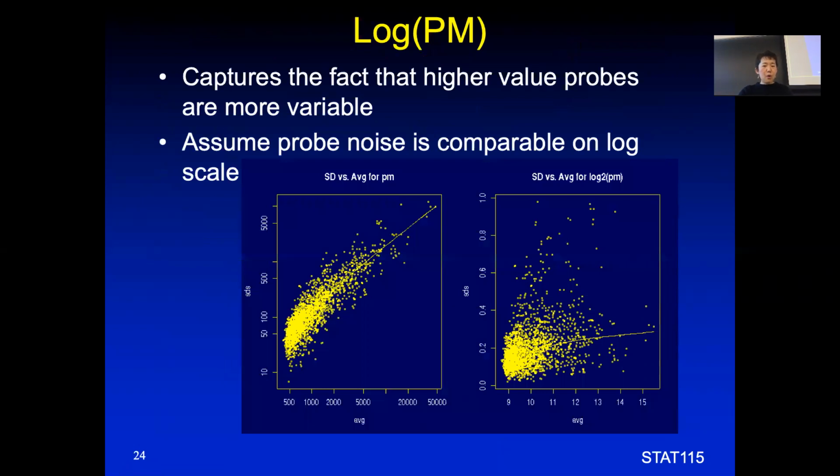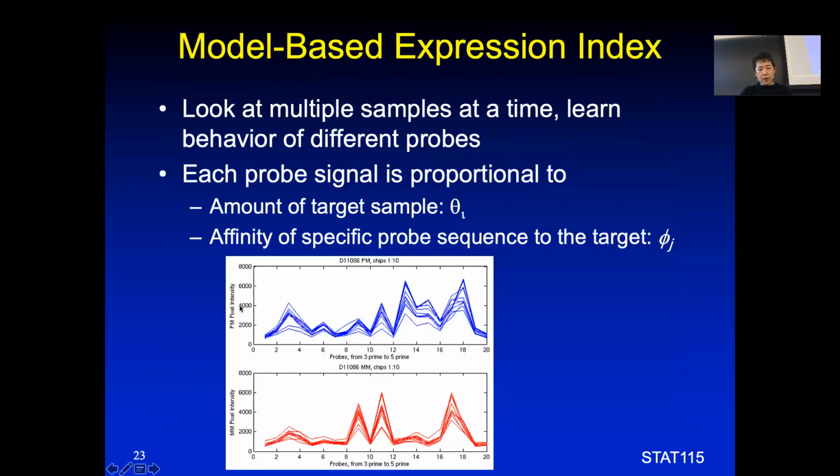Before we can look at all the samples together, there's one more important step. We want to calculate the expression level by looking at all the samples, but we also want to look at the noise. Ideally, you want to estimate the expression of a gene, which is this value, by looking at the probe behavior, allowing that different probes have different noise.